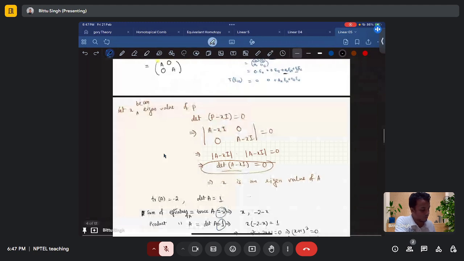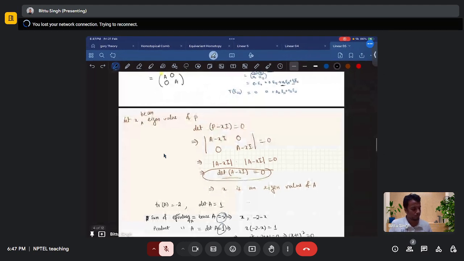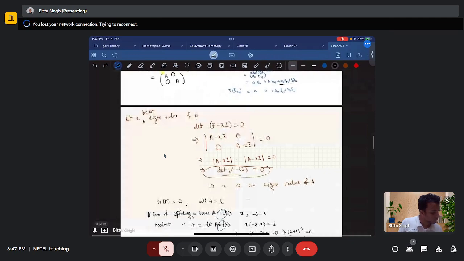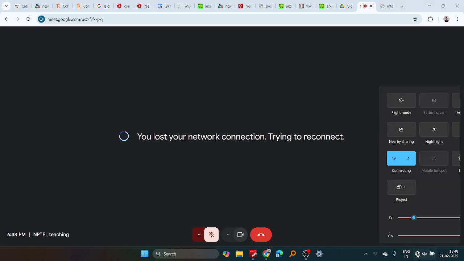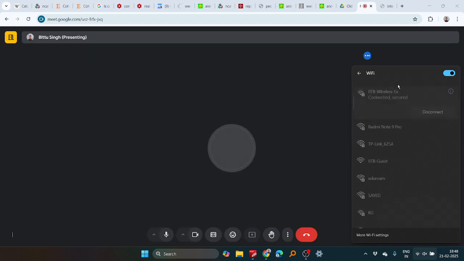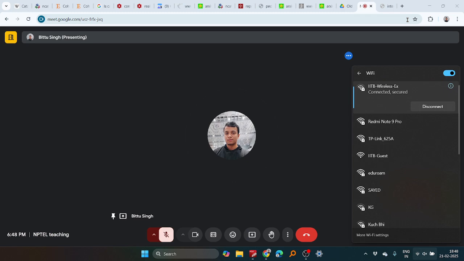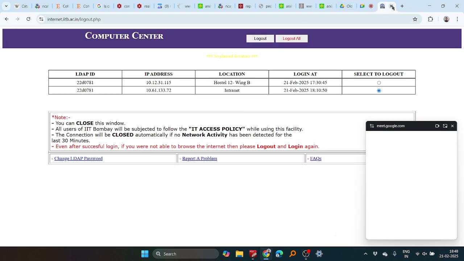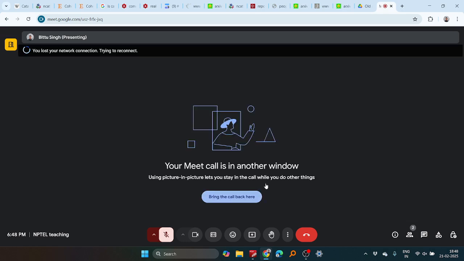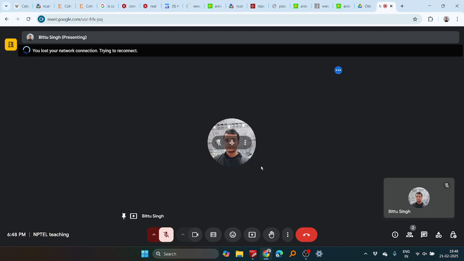So here that 2 is not an eigenvalue of P, because we have seen the only eigenvalues of... Okay, internet is bad. You can connect with this.